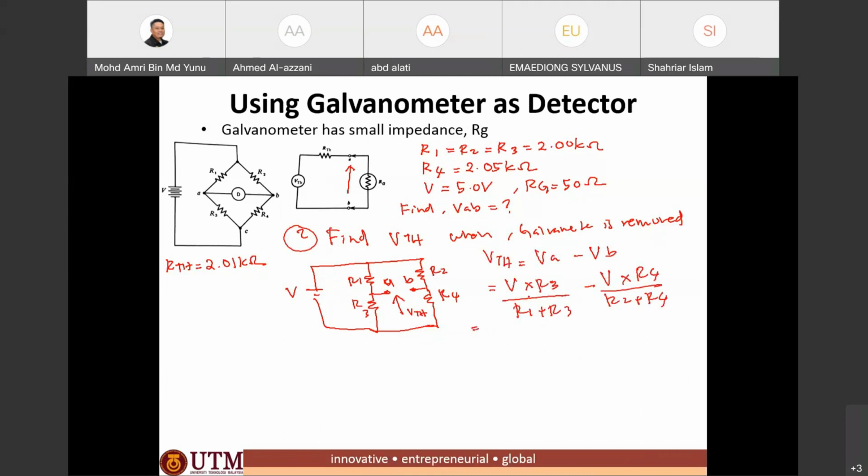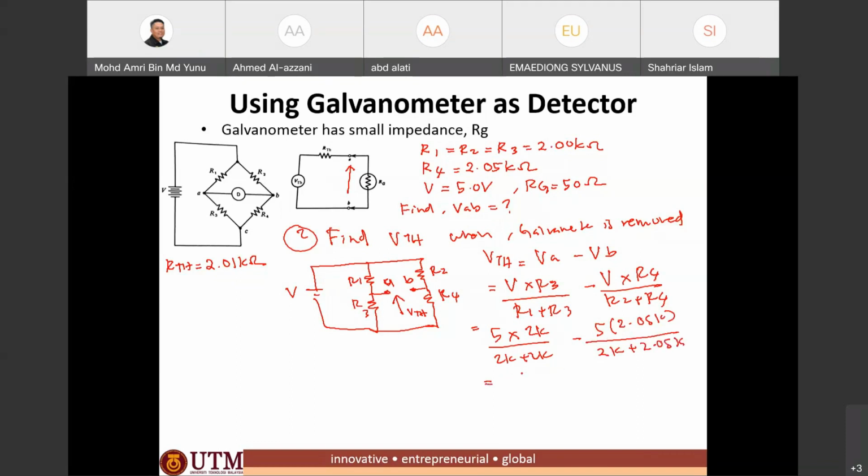Okay, so you get 5 multiplied with 2K over 2K plus 2K, minus 5 multiplied with 2.05K over 2K plus 2.05K.